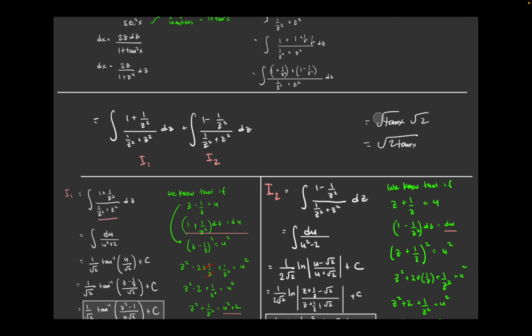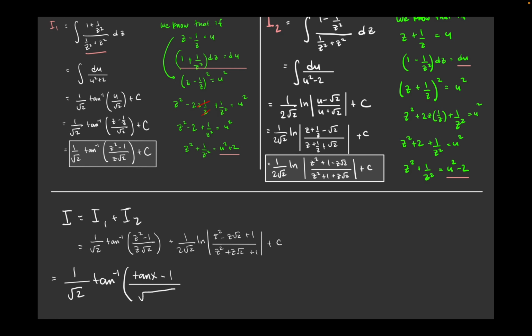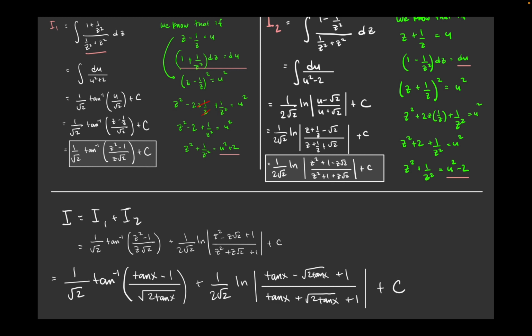Okay? So, square root of 2 tan x plus 1 over 2 square root of 2 ln of tan x minus square root of 2 tan x plus 1 over tan x plus square root of 2 tan x plus 1 plus c.